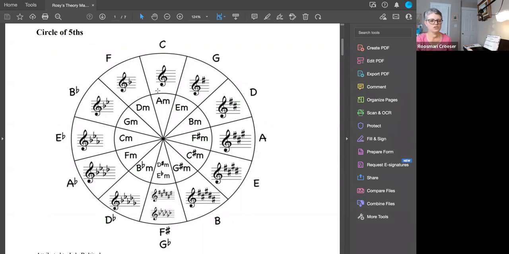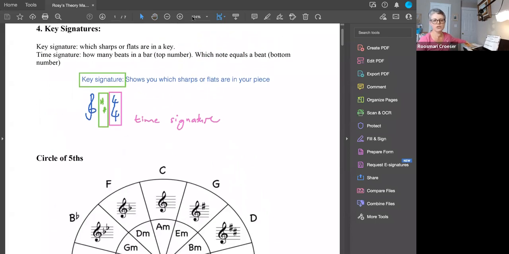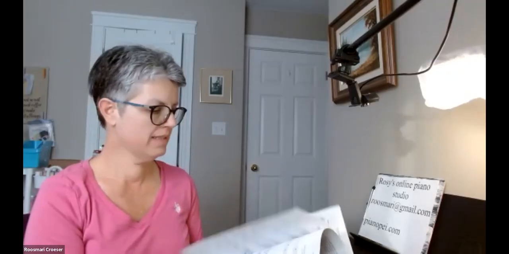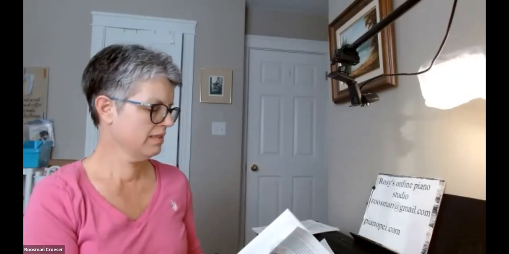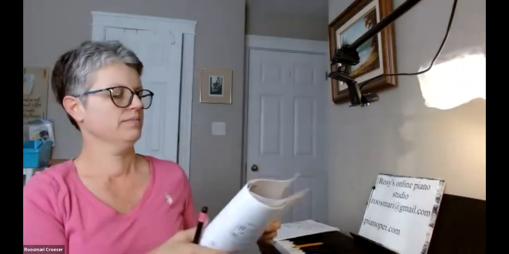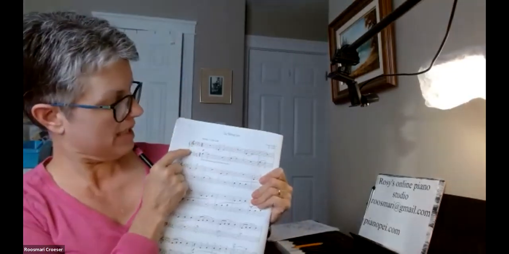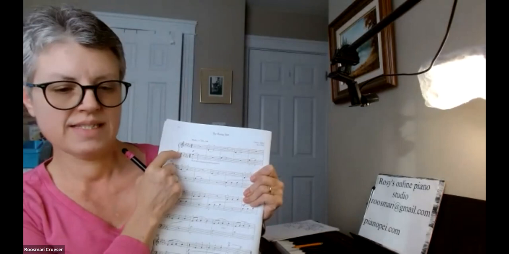Now here we have to talk about a very important word. This is a word that my students love to forget. It's the word key signature. Now if you look at a piece, every piece at the beginning has the clefs, treble clef, bass clef on the staff.